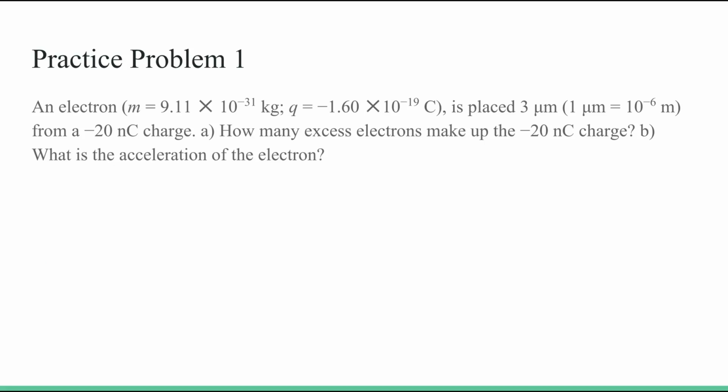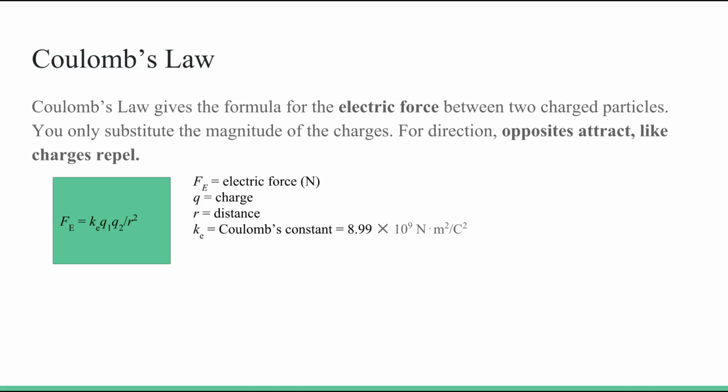So here's a practice problem. And before we start this practice problem, notice this equation looks similar in a way. It might be creeping back to you that this equation looks a lot like the law of universal gravitation. It's true. And q1, q2 are basically m1 and m2 in the gravitation equation. So the charge is basically substituted for the mass.